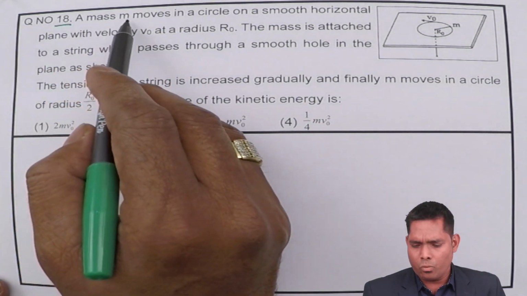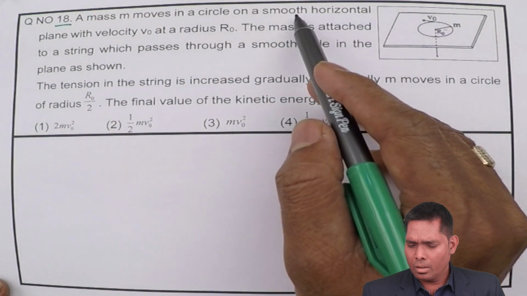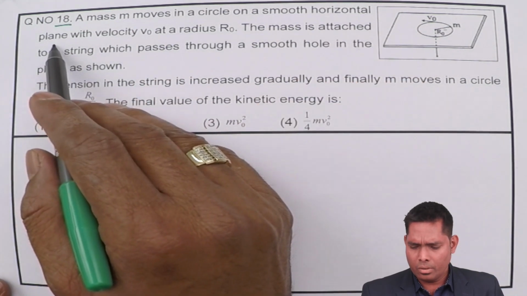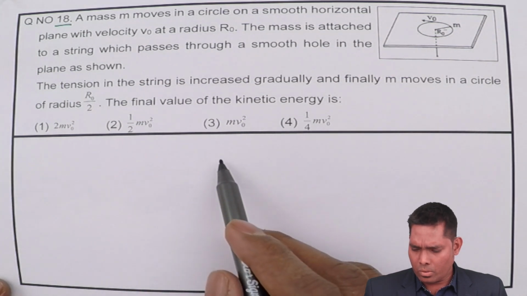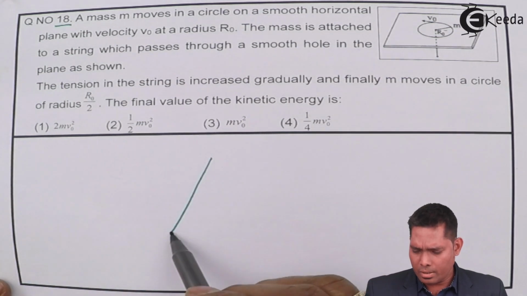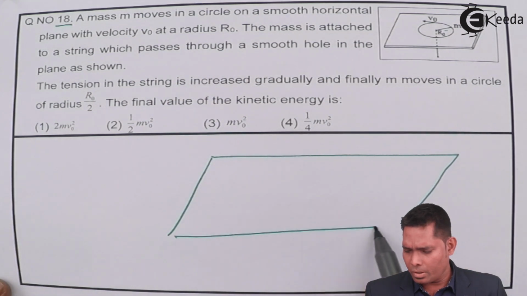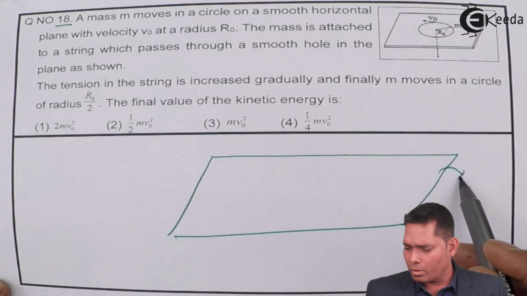A mass M moves in a circle. This is a mass moving in a circle on a smooth horizontal plane, so there is no friction. Let us suppose that this is the table or any horizontal, smooth surface, so its mu value is 0.